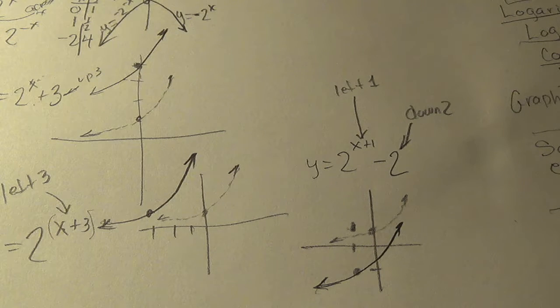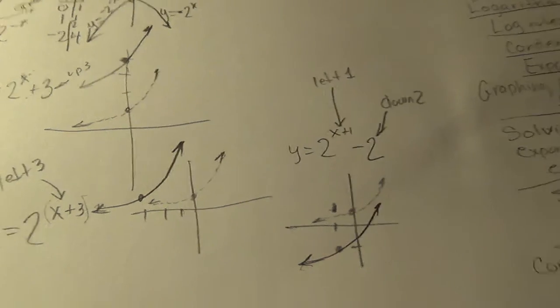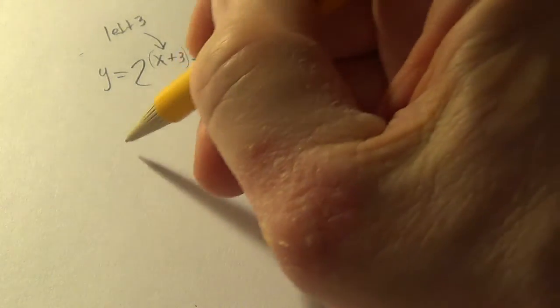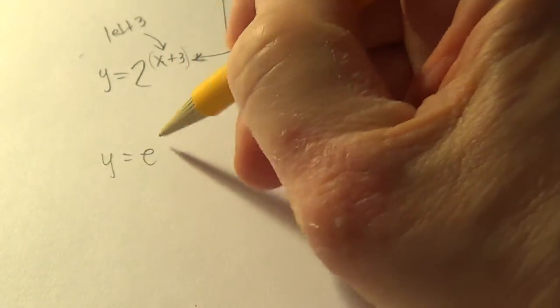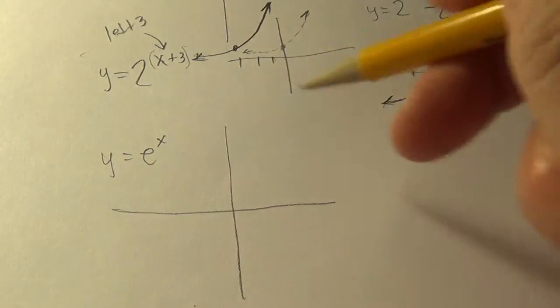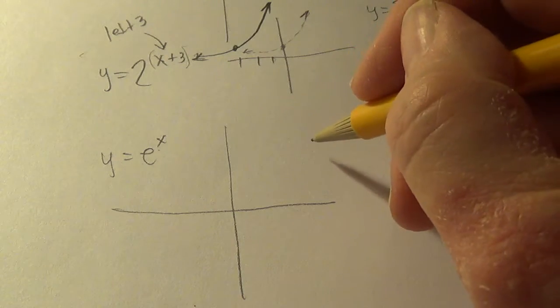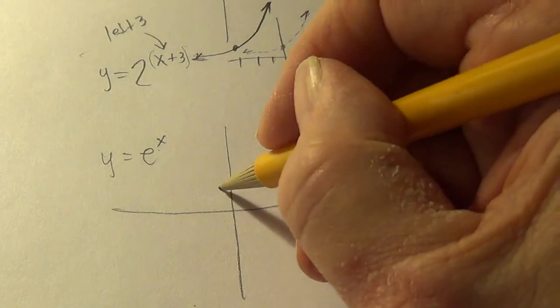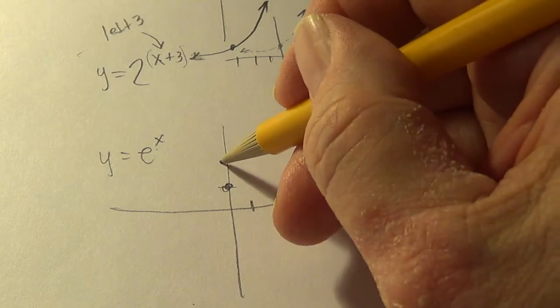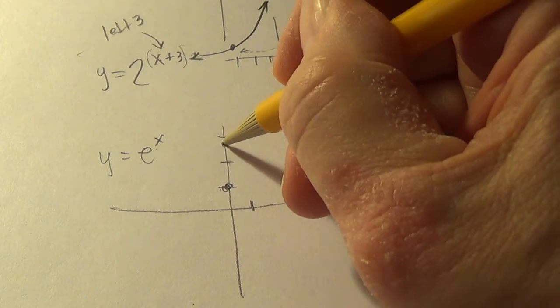Alright. We went from there to a very special exponential, and that special one was y equals e to the x, because it pops up so many places. And e is about 2.7, so we're going to have this crossing point, but when x is 1, we get between 2 and 3, about right there.